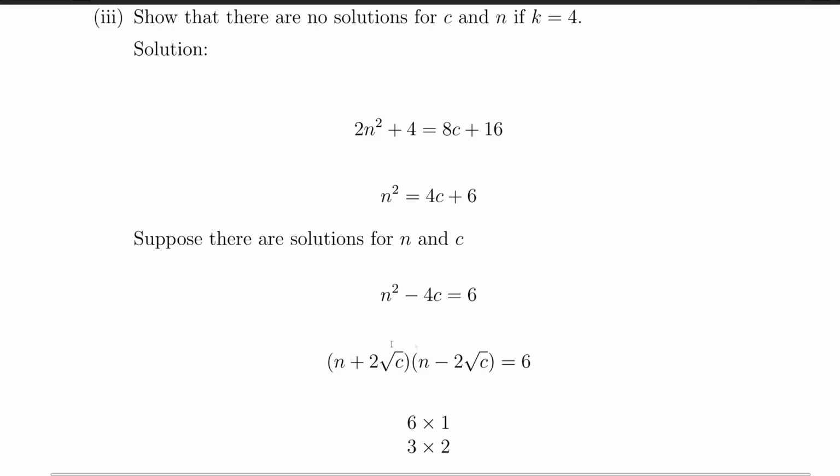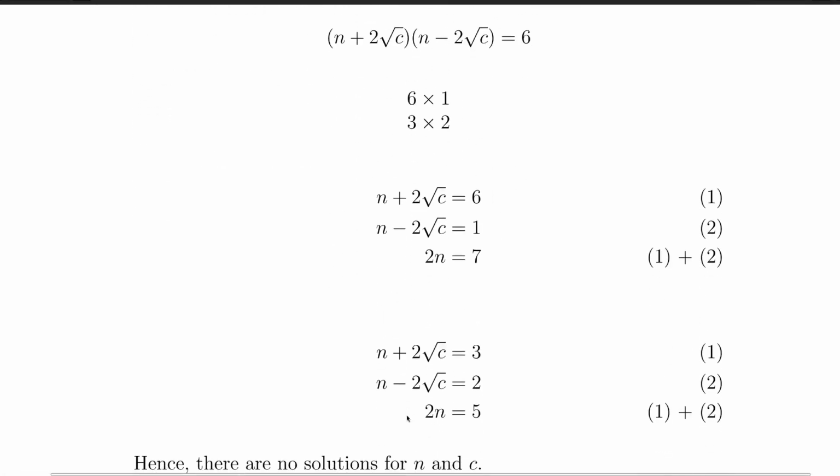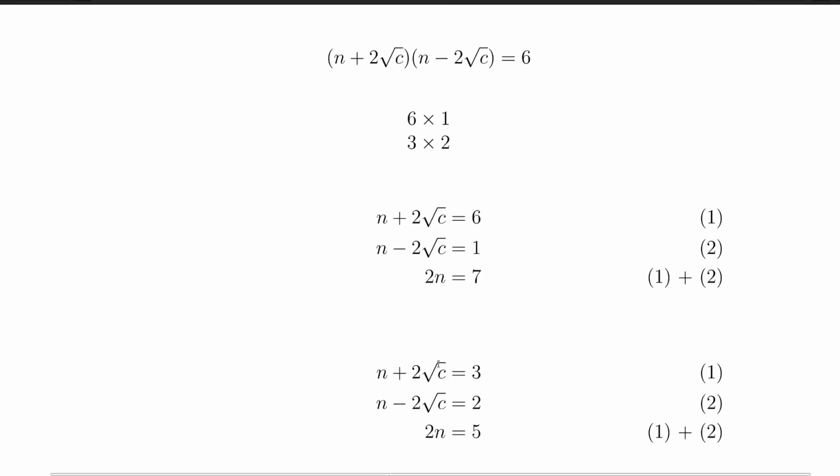So this factor has to be greater than this factor. So this has to be 6 and this has to be 1, because we know that this is greater than the other factor. And the other case is when we have 3 and 2. If we just consider those two cases, you get something like this.